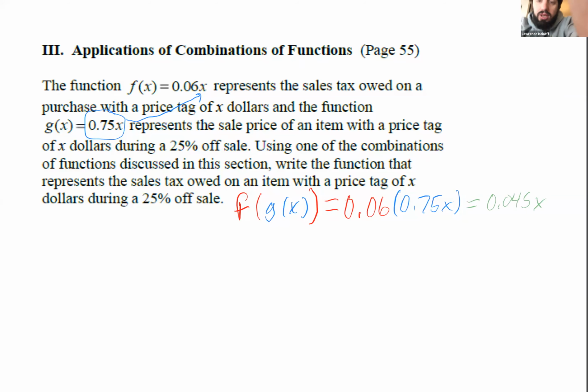So since we got 25% off, we're paying less in our sales tax. So we went from 6% to 4.5%, if we compared it to the original price.